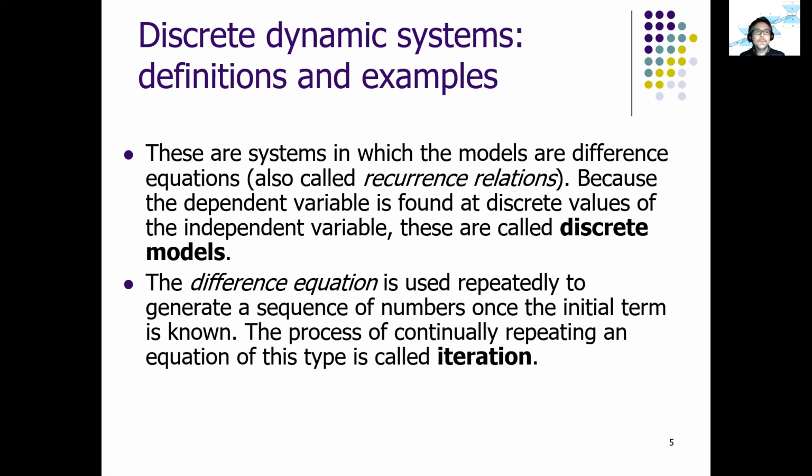They are called discrete dynamic systems. In discrete dynamic systems, we generate at the output a sequence of iterates depending on the previous state of the sequence. This process is repeated continuously, and we go through different iterations, we say.